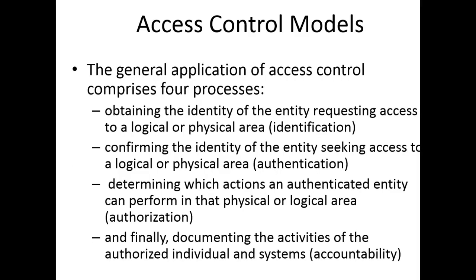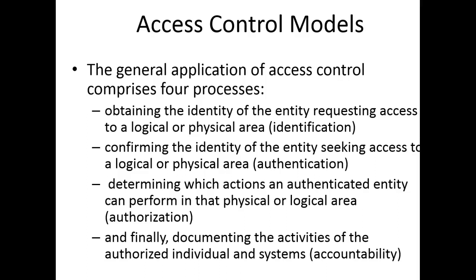The general application of access control is divided into 4 different processes. One is obtaining the identity of the entity requesting access to a logical or physical location, and that's called identification. The second one is confirming the identity of the entity that is looking to access a logical or physical area, and that's called authentication.